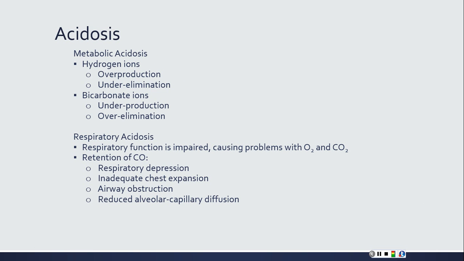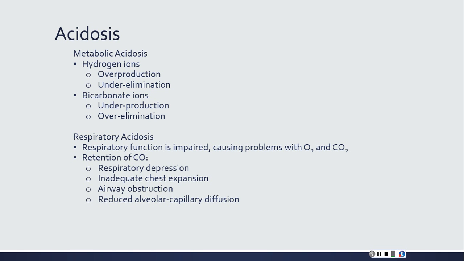Now, there's two different types. There's metabolic. With metabolic acidosis, we have an increase in free hydrogen ions. It's either from an overproduction or under elimination. So we don't get rid of enough hydrogen ions, or we hold too many in, or we overproduce them. This could be a result of renal failure.